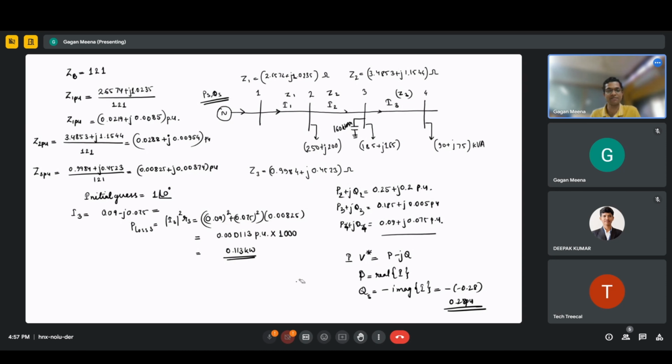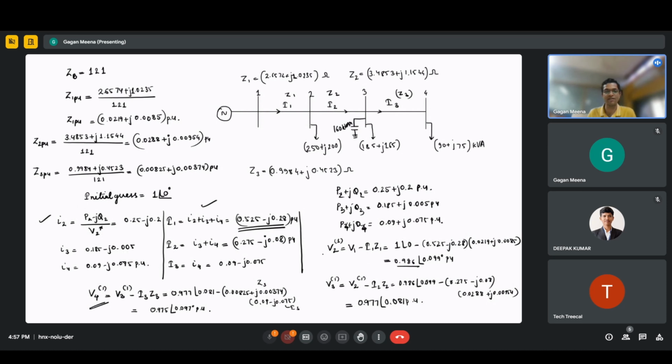This is correct, but because we are taking voltage as 1 per unit, we have to calculate I1, I2 and I3 again, considering the voltages we have received here, V2, V3 and V4.